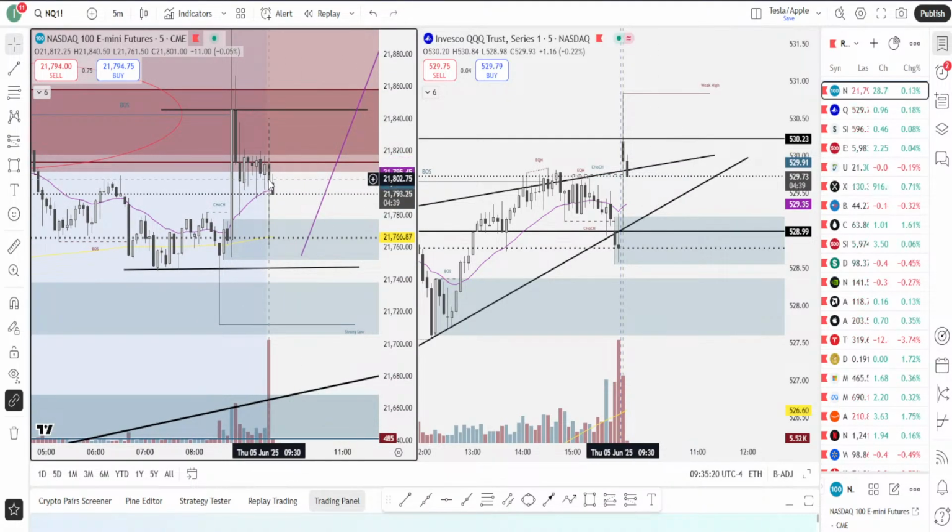Okay, the first candle of the day is bearish. We got a bearish candle, first 5-minute candle of the day. It's a bearish candle.